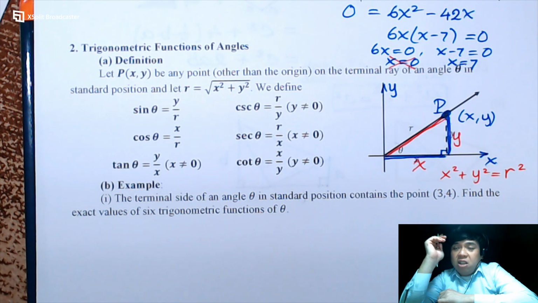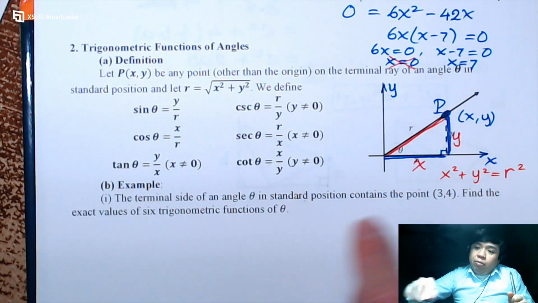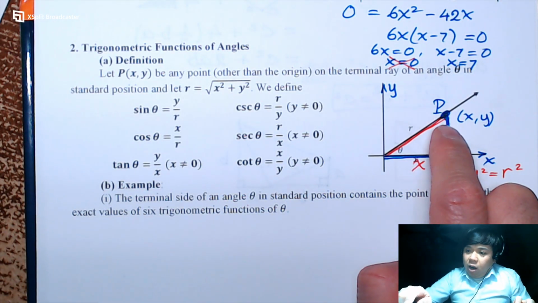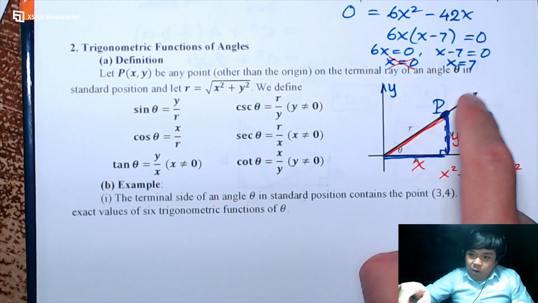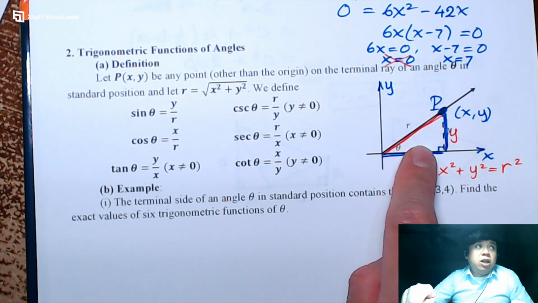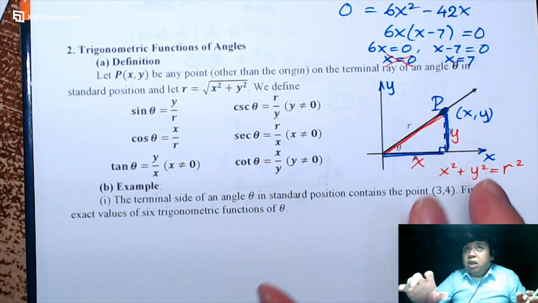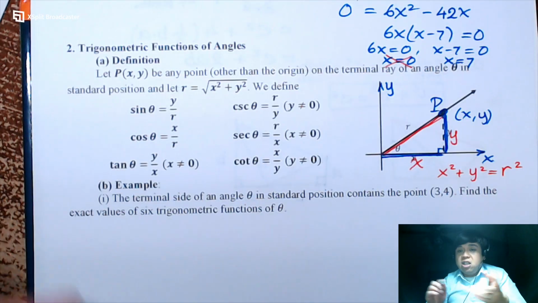But now we define 6 trigonometric functions. That function from a point P connected to the origin, and from that angle theta. And now the trigonometric function is a function of theta. And there are 6 functions.